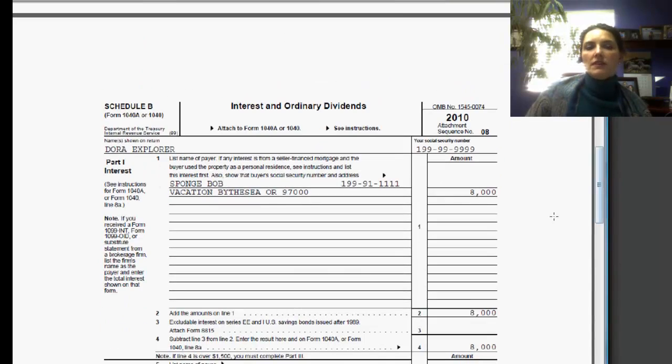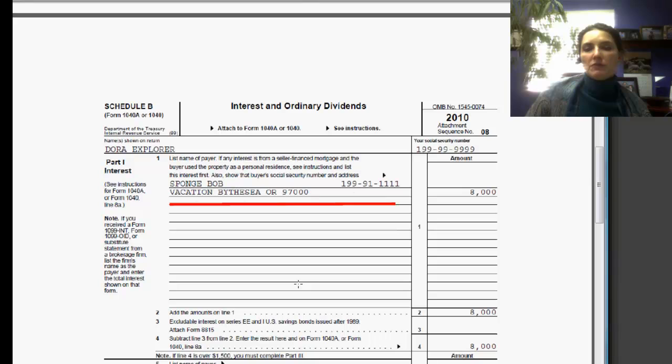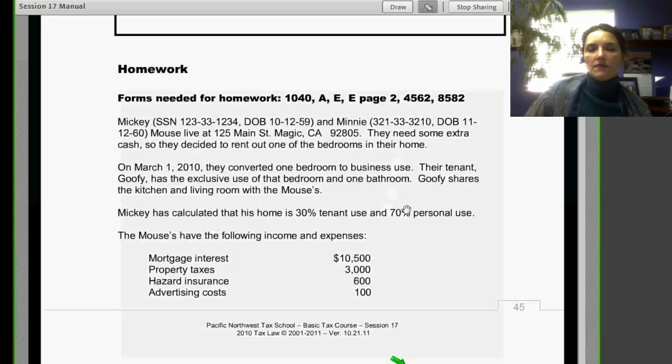Dora also needs to file a Schedule B with her return, and on this Schedule B we show that she received payments from SpongeBob. The amount she received was $8,000, and of course we do show SpongeBob's Social Security number and address as is required. So that concludes the review of the Session 16 Quiz Answer Key.